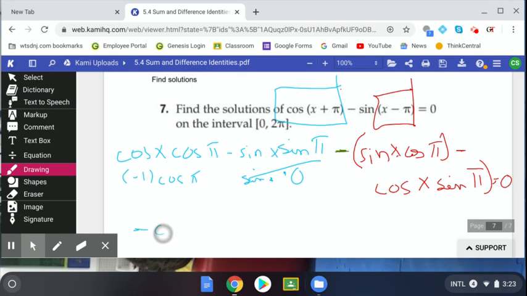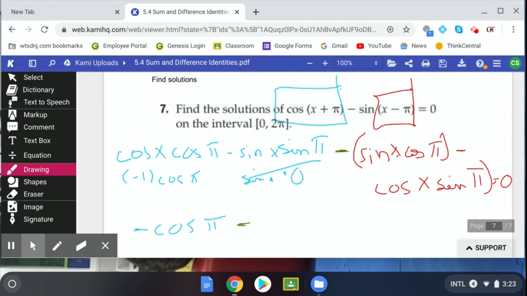So negative cosine x, and then I have to do minus sine x cosine pi, which is -1.